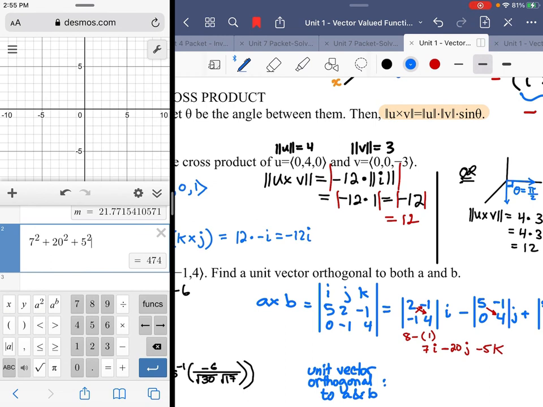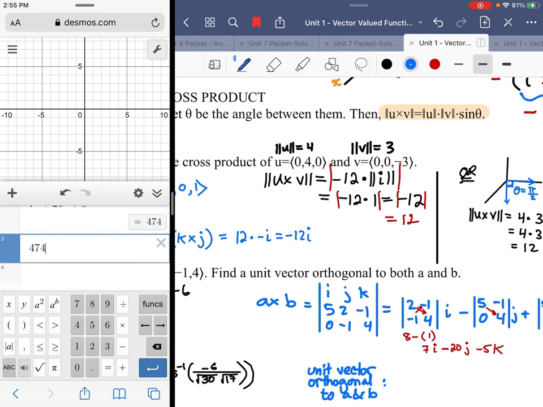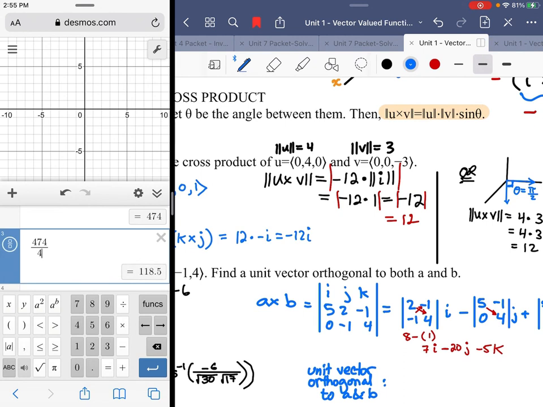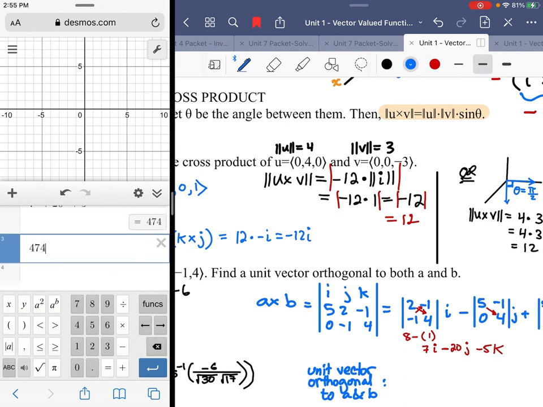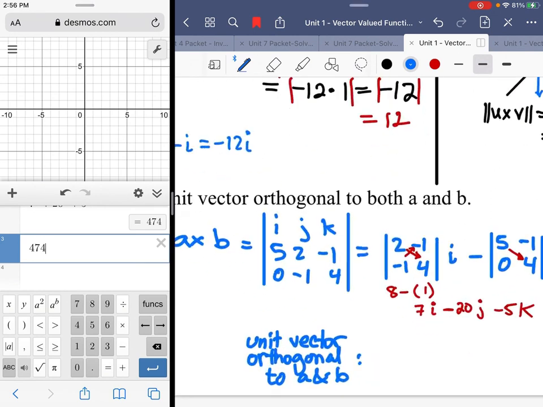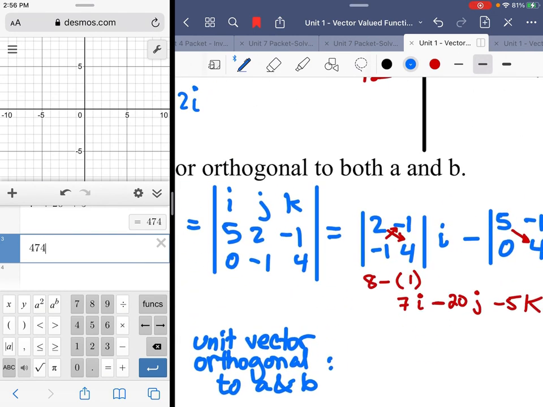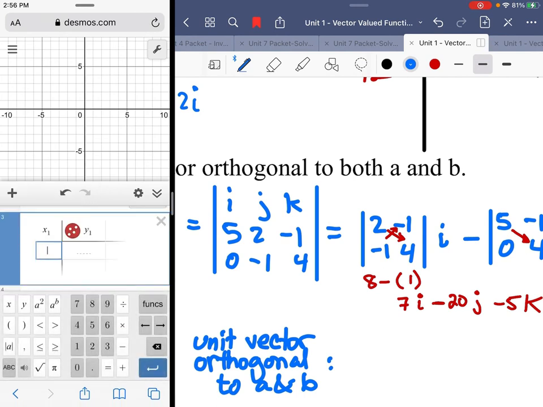We could look to simplify that if we want. 474 divided by 4. No, it's not really clean, and it's not really the best use of time, I guess. At first glance, I'm not seeing anything, but you never know. I mean, I could do the table method, if you remember that, old school.